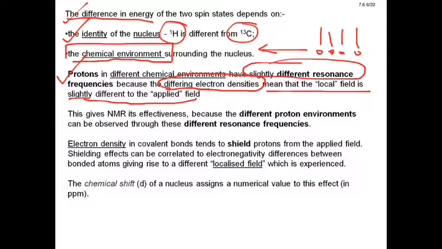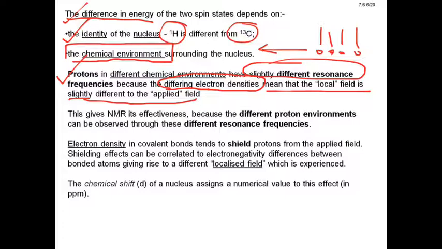Okay, and that sort of leaves a bit of a hole in the density of the electron cloud in some parts of the molecule, and therefore those parts of the molecule get more exposed, because these electrons, having their own magnetic field because they are spinning, create a magnetic field which opposes the externally applied field.